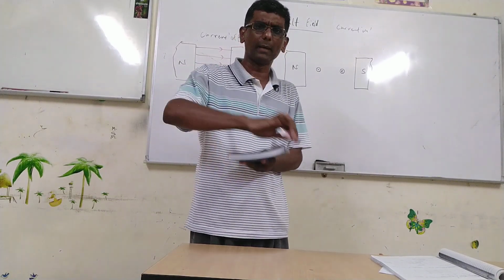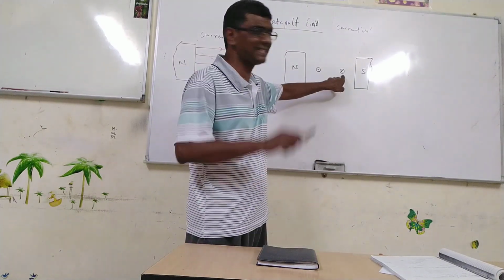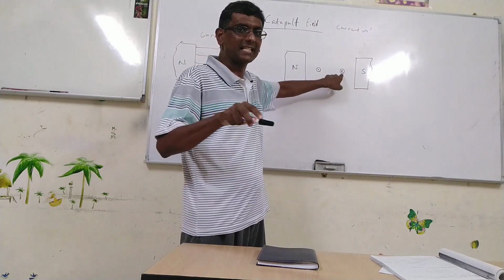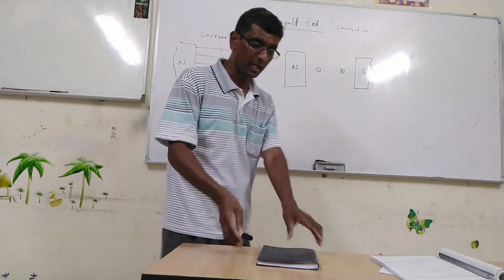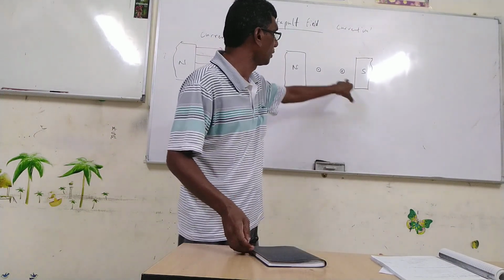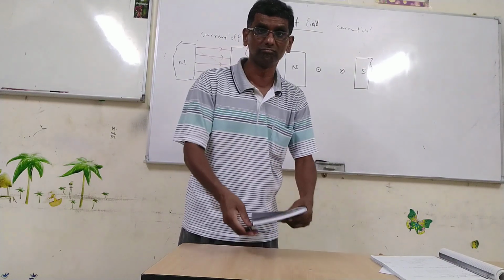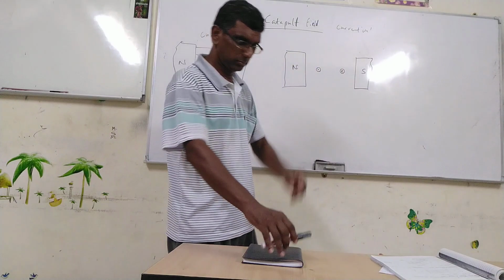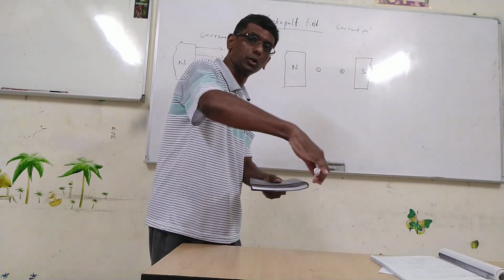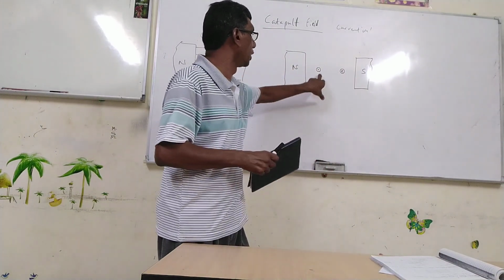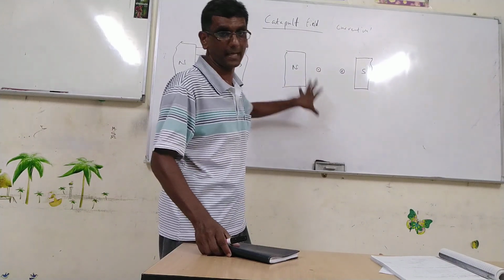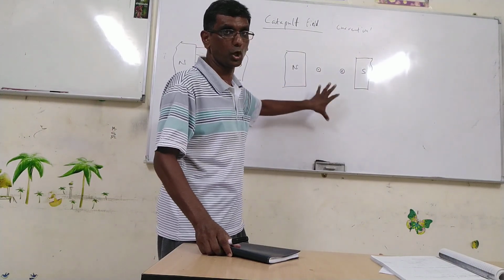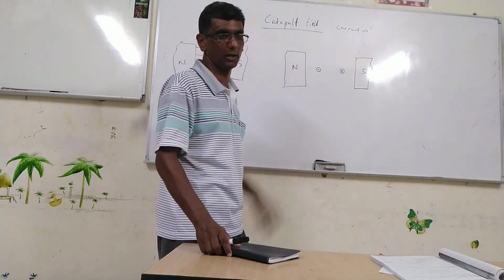Current going in means X. Near south pole is current going in, and current coming out is near north pole. So this is the first step.